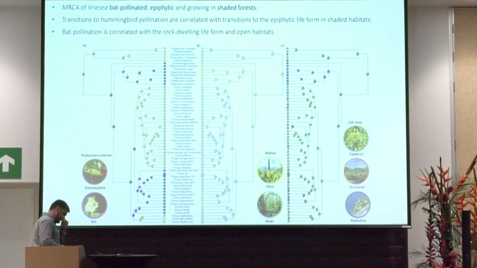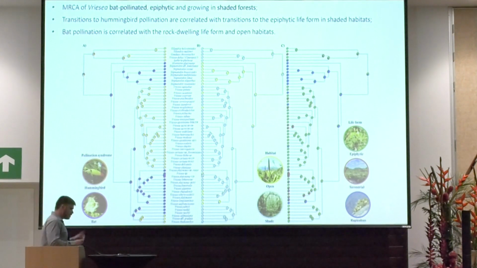Also, we traced some characters regarding the ecology and the pollination syndromes, habitat, and life form. And we observed that the estimated ancestor of Vriesea had bat pollination, related here, an epiphytic life form, and grew in shaded forest.